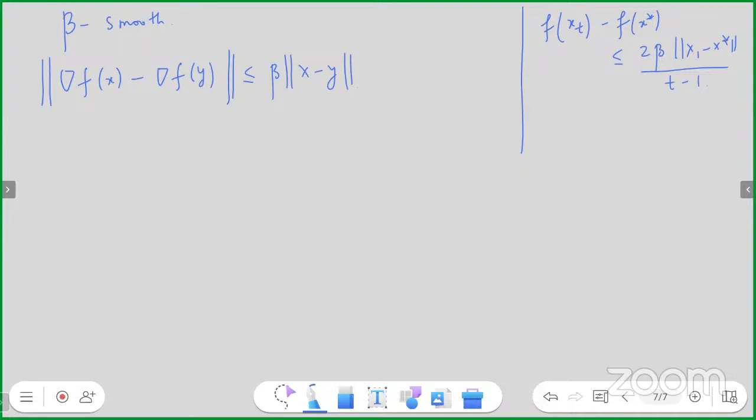Do you think we can get the same rate in the constrained world? In the constrained world, x_1 is basically the initial point projected. So I could take the first projection and then try to prove that.